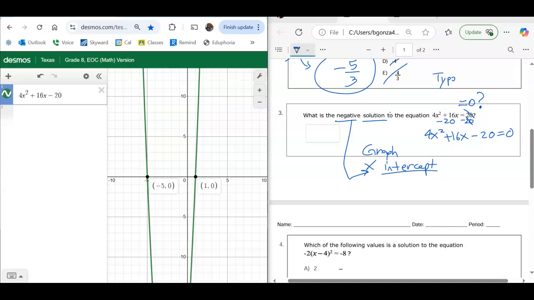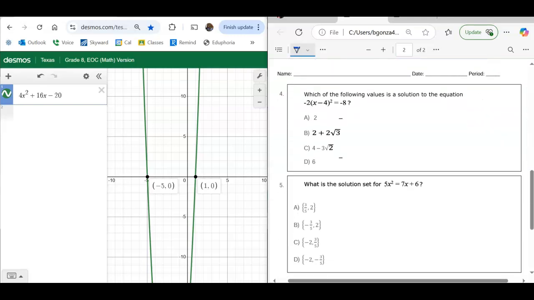All right, which one of these is negative 5? Again, negative 5 is not 1, not negative 5 comma 0, just negative 5. That's it. Cool. All right, which of the following is a solution to the equation?